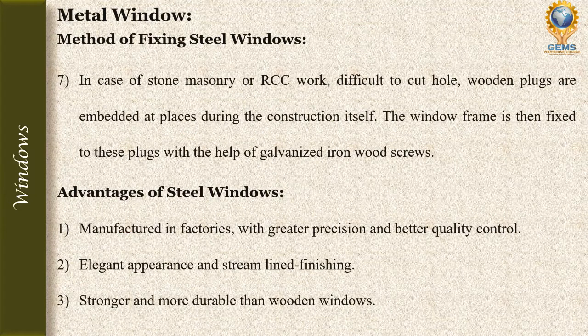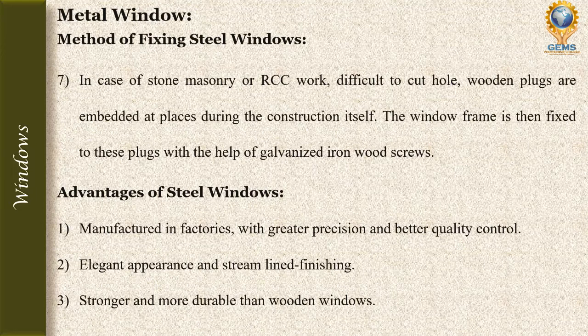In the case of stone masonry or RCC work, it is very difficult to cut a hole through the stone or the RCC. So during construction, we insert wooden planks where the window will come.